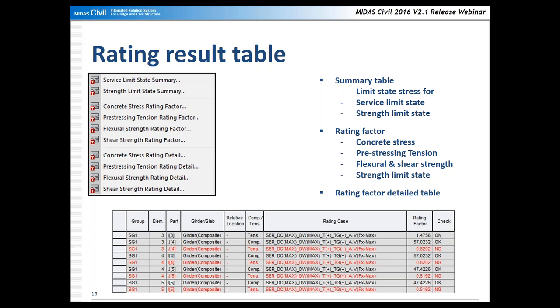The summary result table, the one at the bottom, provides which element is being checked under which group, and for which part. For the composite part, it has girders, and the slab right now is shown as the composite girder, for either tension or compression, and under which rating case, the calculated rating factor, and the check status.